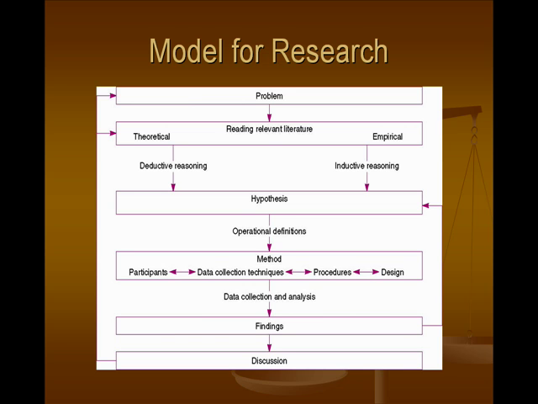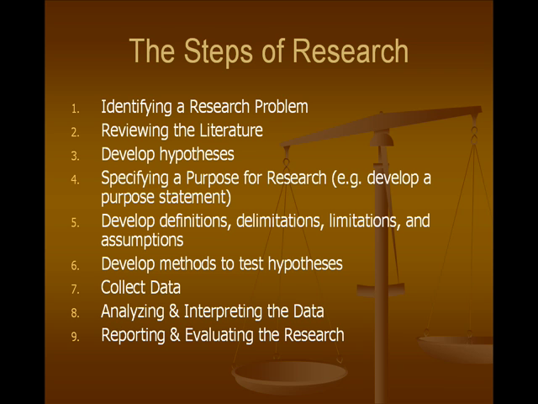I think this chart is a little bit more relative to what we're going to do in this class, and how we actually do a research study, or even a research project. So we have 9 steps. I'm going to try to give you examples to follow along with these steps. It's similar to the scientific method.